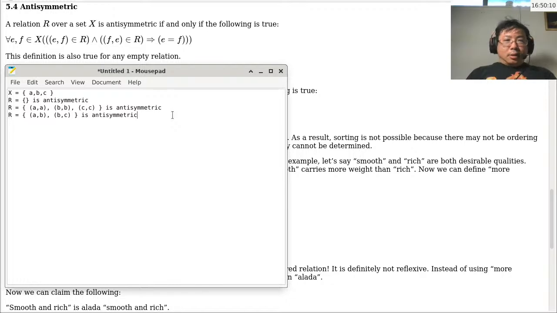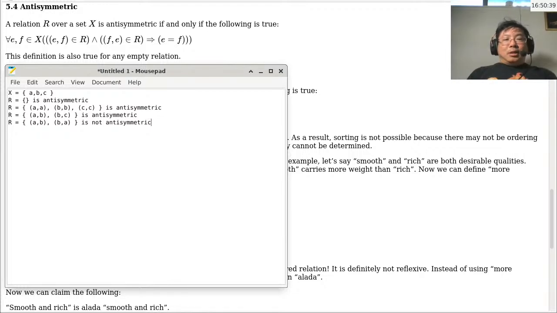Let me give you an example where it is not antisymmetric. We use R here, and this time we just make a very slight modification, and it is no longer antisymmetric. Because in this case, if E is A and F is B, then AB is in R is true, and BA is in R is also true.